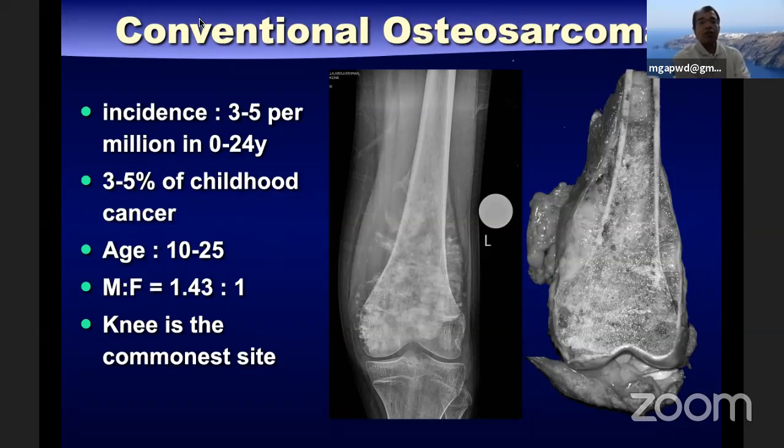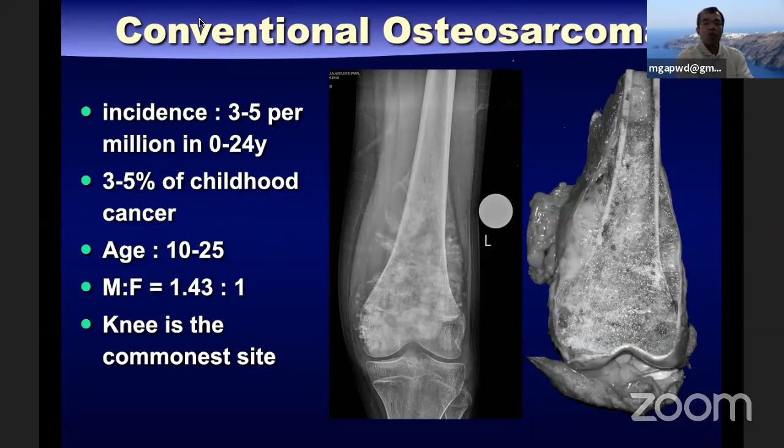As I told you, the commonest age is between 10 and 25 years of age, which is the second decade of life or adolescence. And probably because this is the time when the body is undergoing the fastest growth, that's when probably something triggers the development of osteosarcoma, as what is thought to be the etiology.